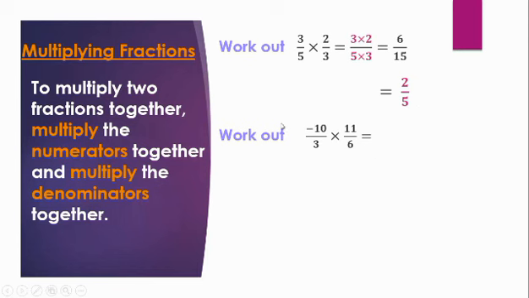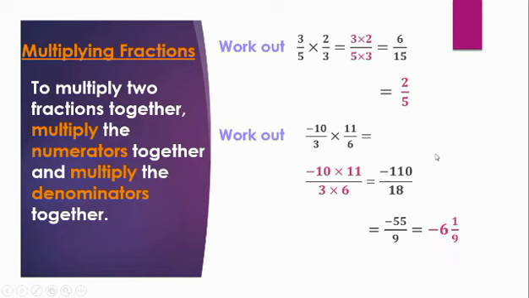Work out negative 10 over 3 times 11 over 6. So we multiply negative 10 times 11 and 3 times 6 to get negative 110 over 18.